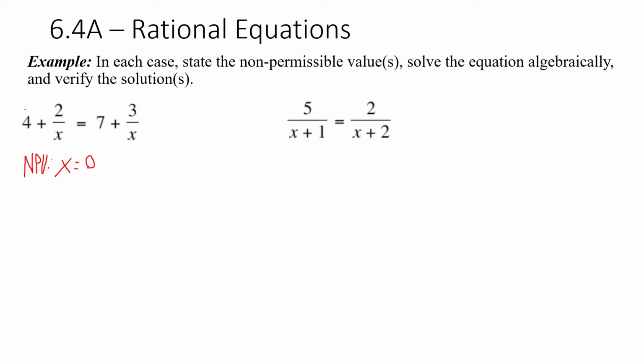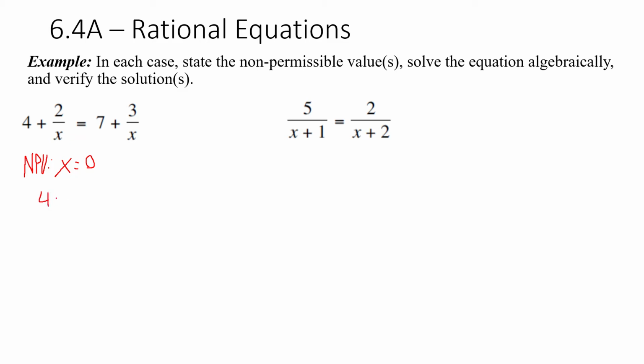The way that I would approach this one is to multiply by the lowest common denominator, which in this case, the only denominator in all four of these pieces is x. So if you multiplied everything by x, you would effectively get rid of the x.